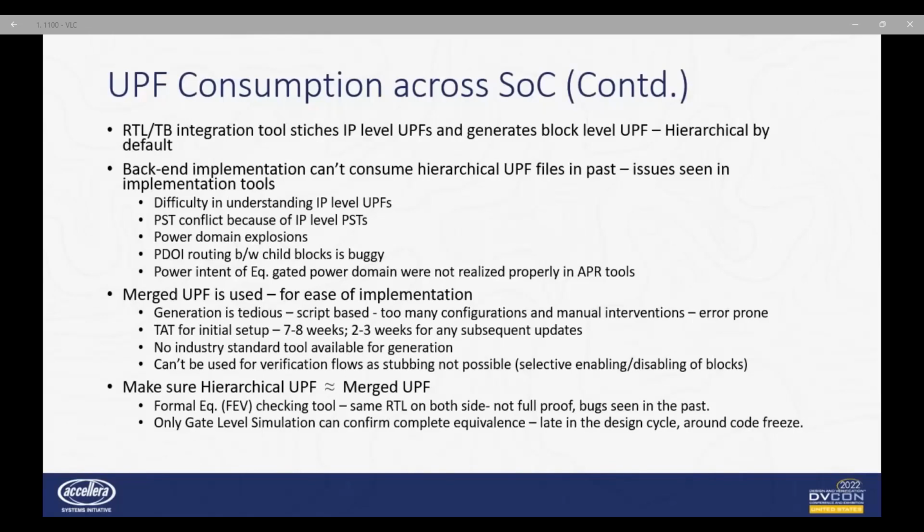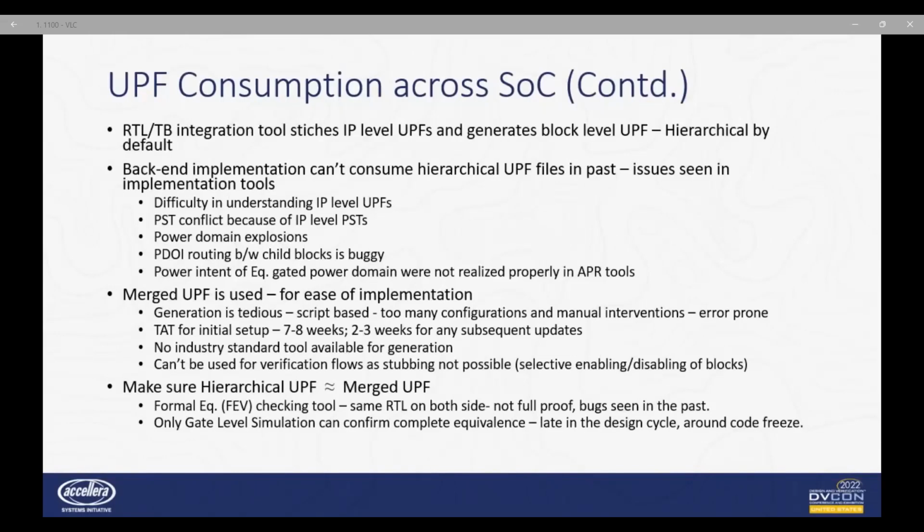Now we have an alternative solution available, so that is how we are able to move forward with hierarchical UPF. Another limitation was power intent of equivalent gated power domains was not being properly realized by APR tools in the past. Because of these limitations, backend flows require merged UPF files as they are easy and straightforward to consume.